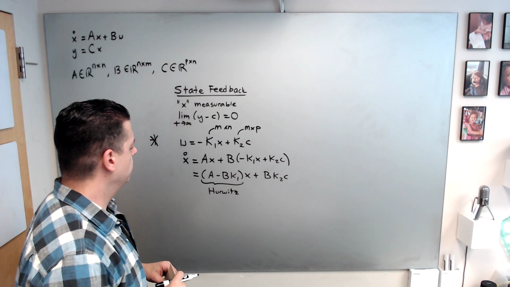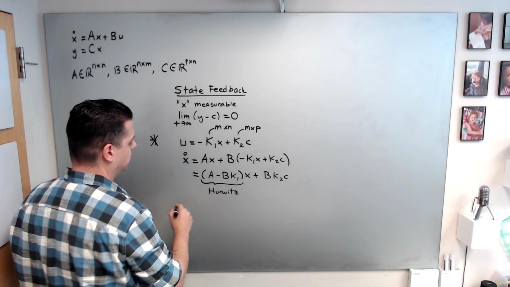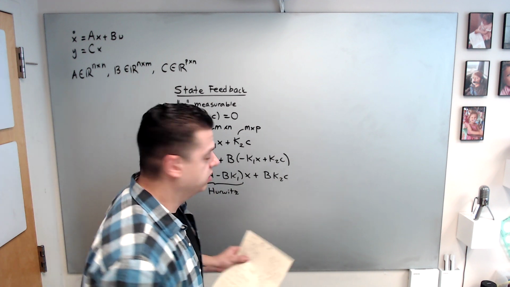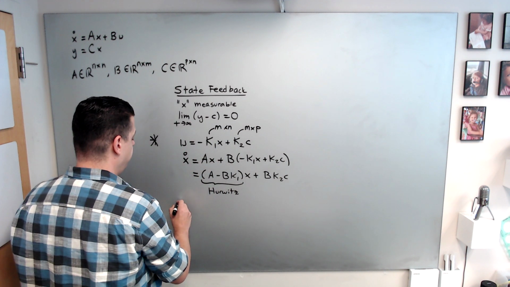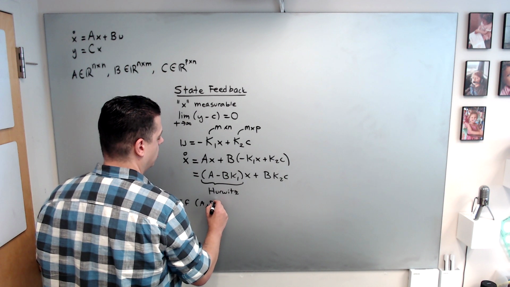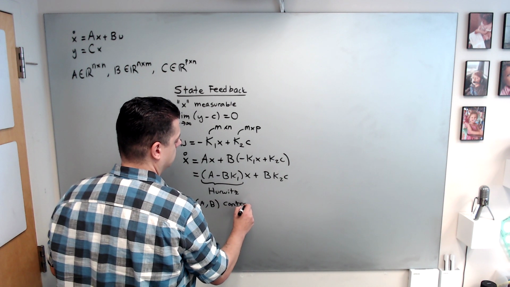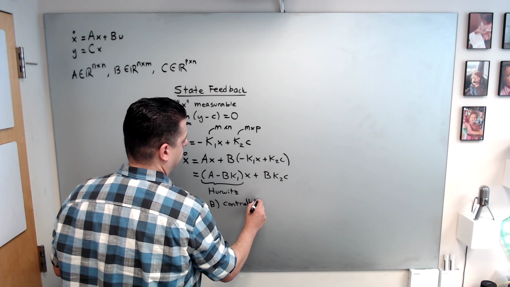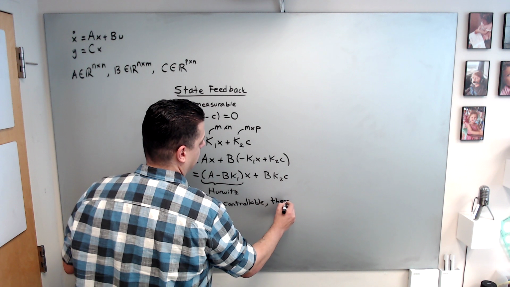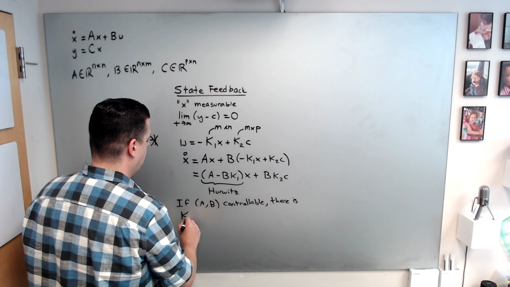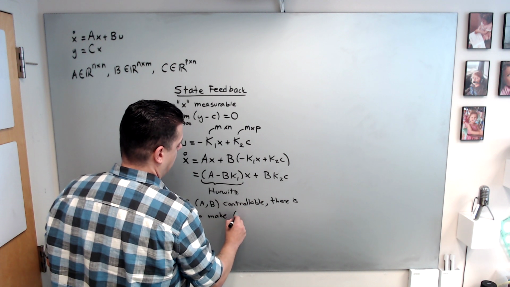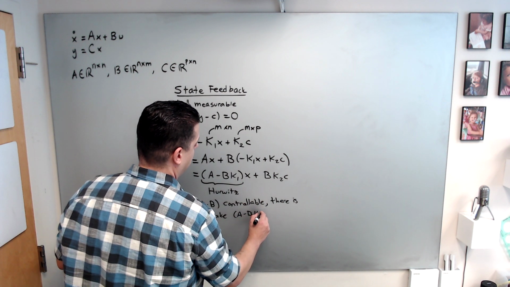For example, you can use the LQR command or pole placement. Again, these are topics maybe I can cover later. If A, B is controllable, there always exists a gain K1 to make A minus BK1 Hurwitz.